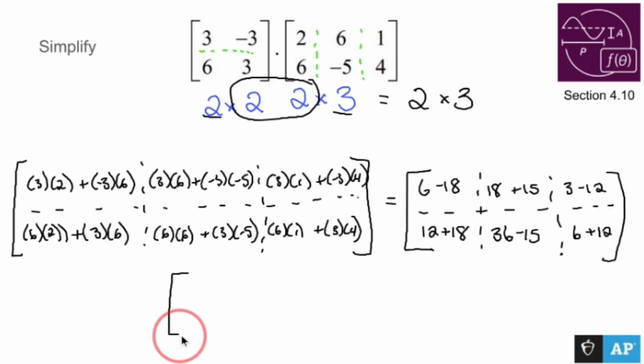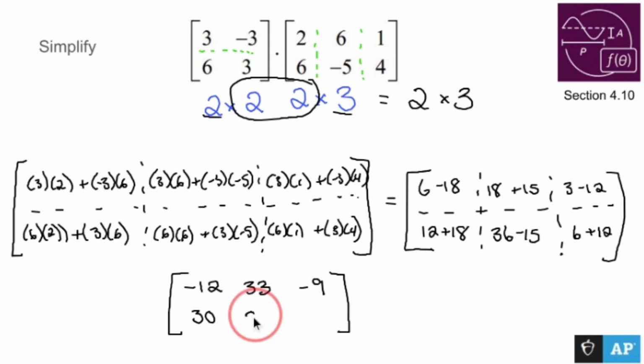Now to complete this, 6 minus 18 is negative 12. 18 plus 15 is 33. 3 minus 12 is negative 9. 12 plus 18 is 30. 36 minus 15 is 21. And 6 plus 12 is 18. And that, boys and girls, is how you multiply a 2 by 2 to a 2 by 3. Fun!